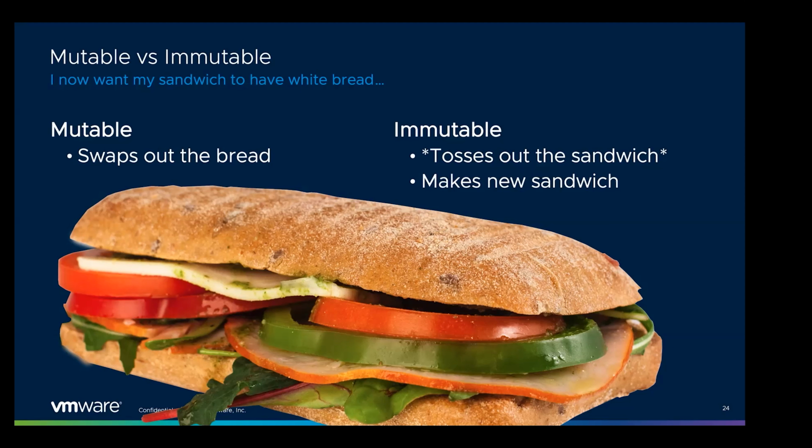So again, if we're looking at a sandwich, swapping out 2 pieces of bread from brown bread to white bread, we might be able to just scoop out the fillings and put it in the new slices of bread without affecting anything else. But if I've got mayonnaise on it and you don't like mayonnaise, we want to remove the mayonnaise, we need to be able to somehow remove that, and we can't, so we have to toss the whole sandwich and make a new one.